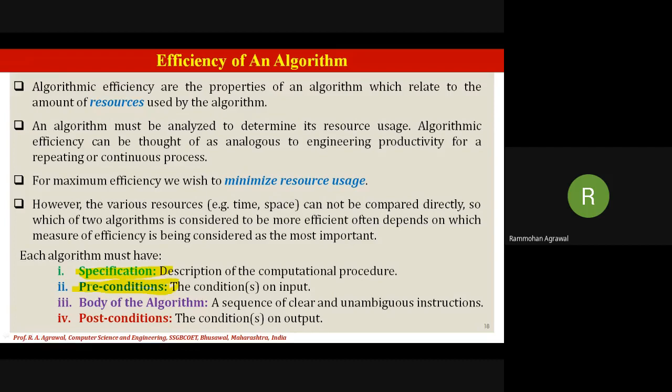The third step is the body of the algorithm. By this I mean a sequence of clear and unambiguous instructions. Previously I told you that the steps a user writes should be clear, easy to understand, and finite, because nobody loves to read a long, lengthy paragraph.